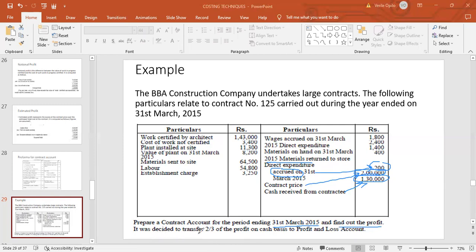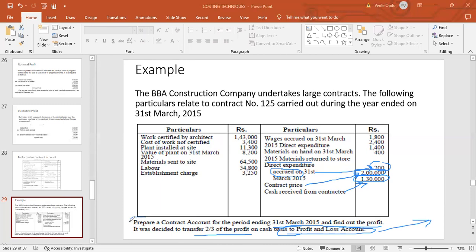It was decided that the company is going to transfer 2/3 of the profit on a cash basis to the profit or loss account. So we are going to see how much will be transferred to the profit or loss account out of the total amount that we get from the contract account.